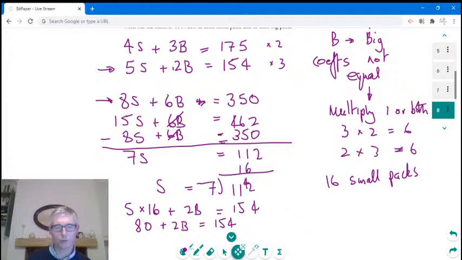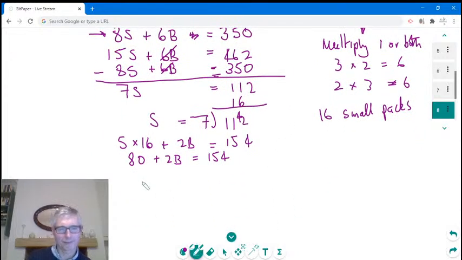I'll just move the board up a little, and take away this 80 from both sides. We end up with 2B is equal to, and that should be 74.